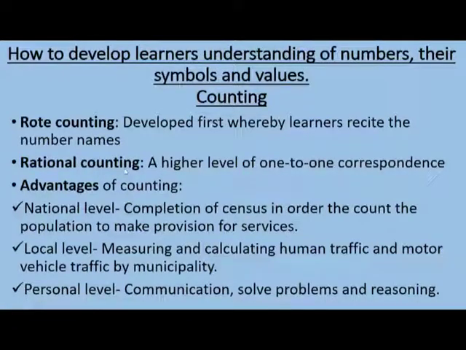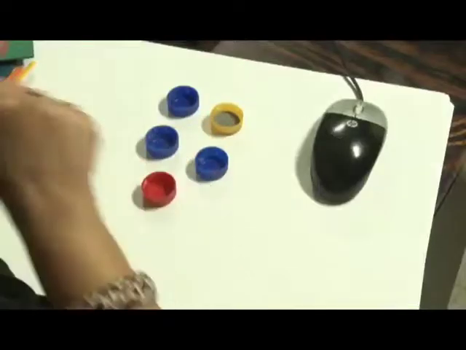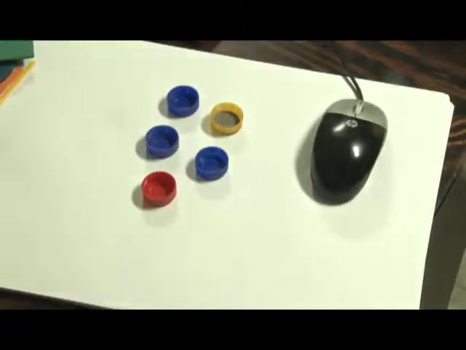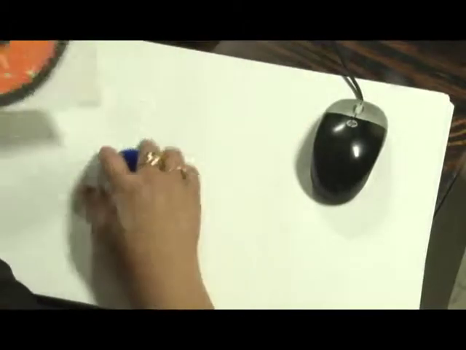The next step is now rational counting. Rational counting is the higher level of one-to-one correspondence, meaning my learner knows now that if I tell him this is 1, this is 2, this is 3, he can even now point 1, 2, 3, 4, 5. And here I can even start giving him the numbers.